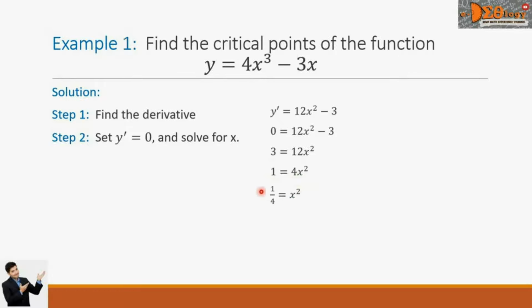So we have now 1 over 4 is equal to x squared. This time, let us take the square root of both sides. So we have now x is equal to plus or minus the square root of 1 over 4. And we can simplify this into 1/2. So the value of x is equal to plus or minus 1/2. These are the critical points.